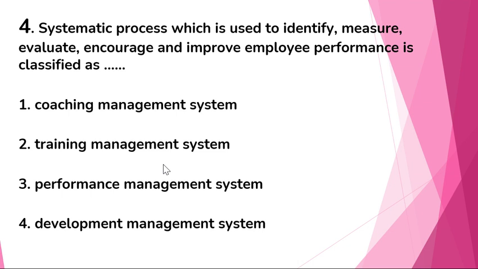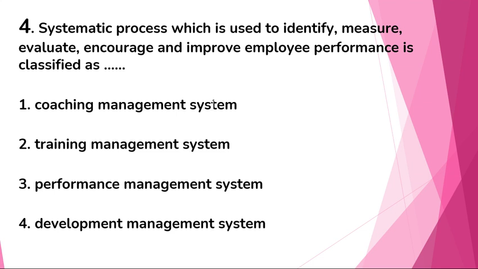Now the next question, the fourth one. A systematic process which is used to identify, measure, evaluate, encourage and improve employee performance is classified as. This question has been taken from your HR.